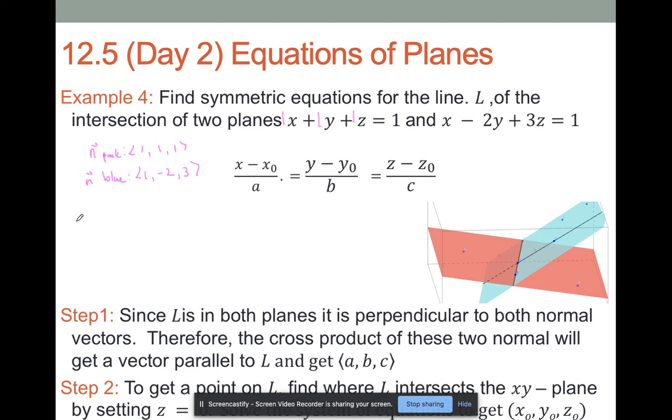So when I find pink normal cross blue normal, right? I is 3 minus negative 2. J is 3 minus 1. And K is negative 2 minus 1.